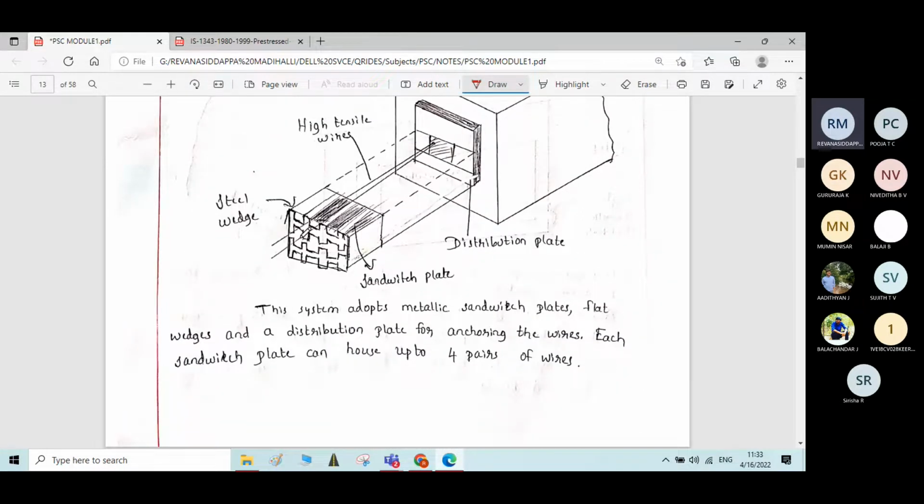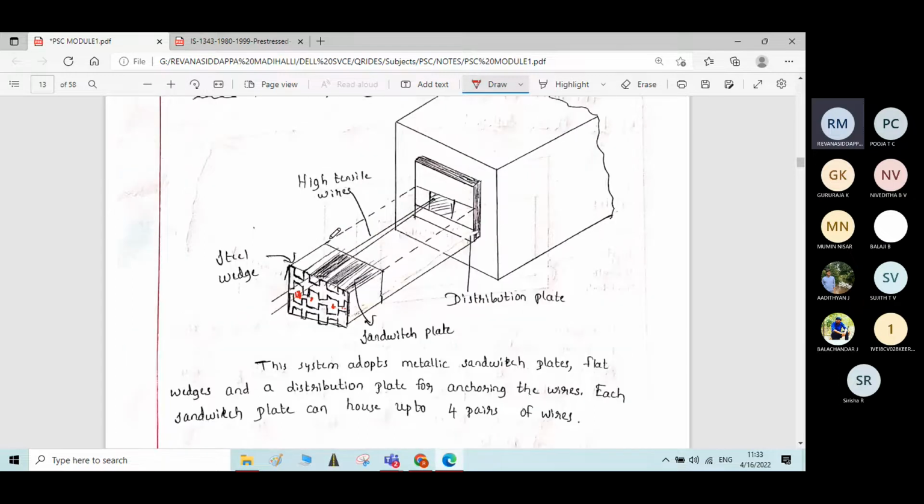Here you can see a sandwich between two plates, and there is a gap. In that gap the tendons will be taken, held in position, and stretched to the required degree and released, so that the stresses will be induced into the concrete element.